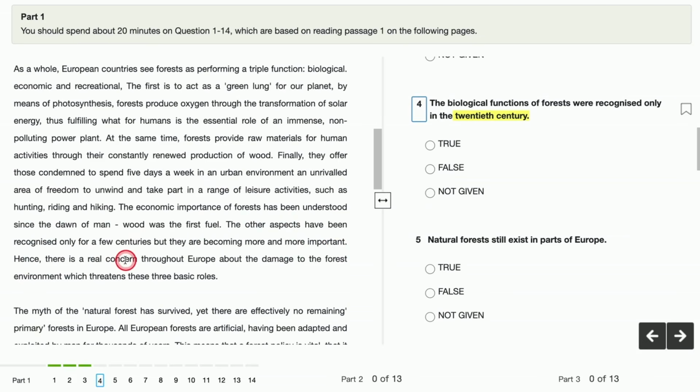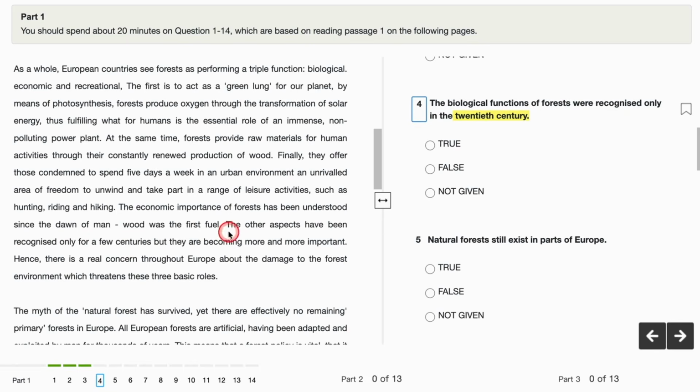Hence, there is a real concern throughout Europe about the damage to the forest environment, which threatens these three basic roles. This part doesn't directly mention biological functions, but I still think it's very likely that this contains the answer because it looks very similar to the question. The question says, recognized only in the 20th century, and here it says, recognized only for a few centuries. They look very similar, right?